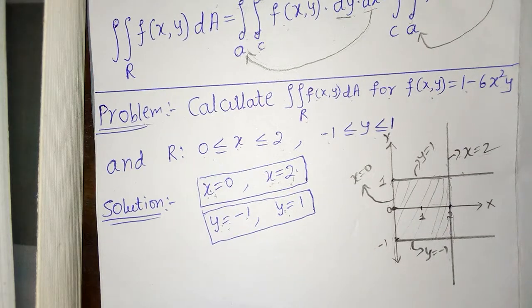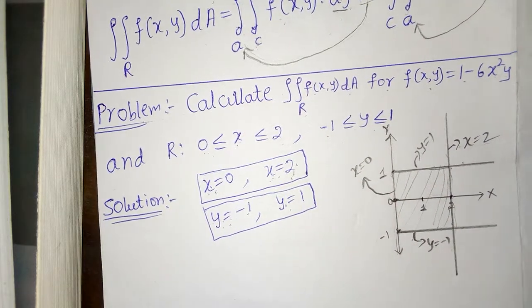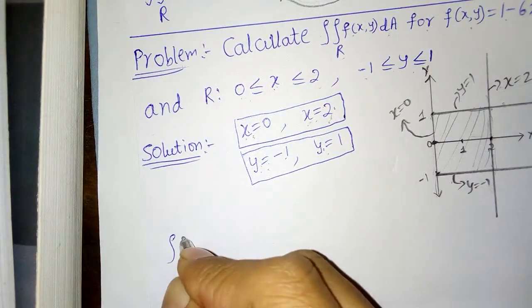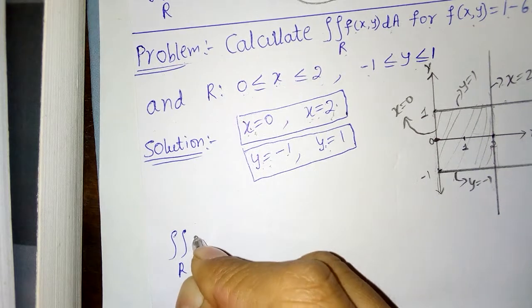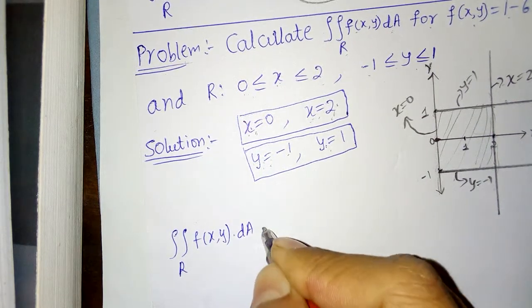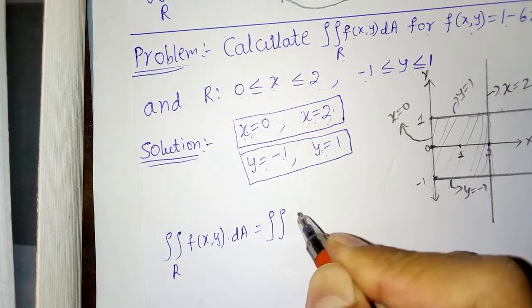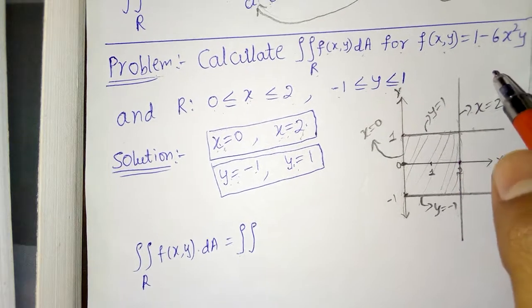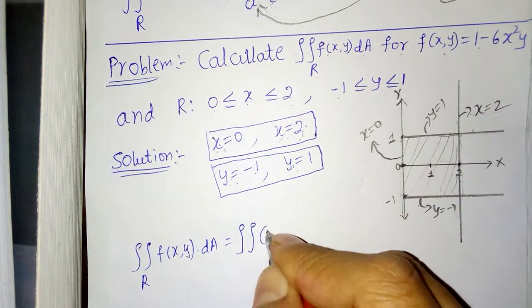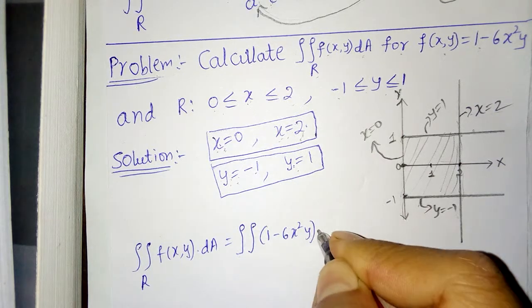Now, according to Fubini's theorem, the integration of f(x,y) dA is equal to, in the place of f(x,y) they gave 1 minus 6x squared y.